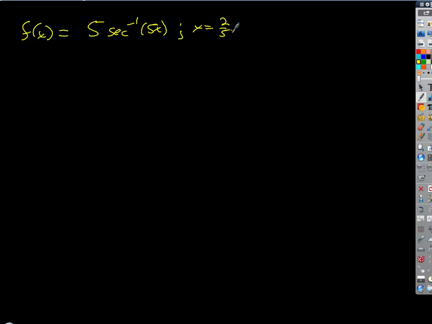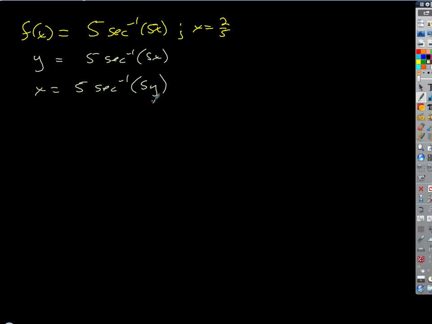So what we would want to do, since they're trying to find the tangent line at that place, is calculate what the inverse function would be, right? So how are we going to do that? Remember our strategy, we call that y, and we flip the x and the y, right? So we get x equals 5 arc secant of 5y.